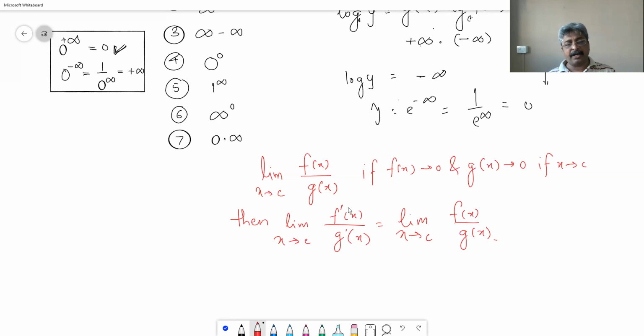Then evaluate this limit, and suppose it exists and its value is equal to L. Then L'Hopital rule says the value of the limit after differentiating numerator and denominator is going to be the value of the limit of the original problem, that is f of x upon g of x.